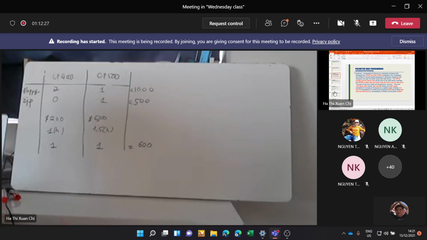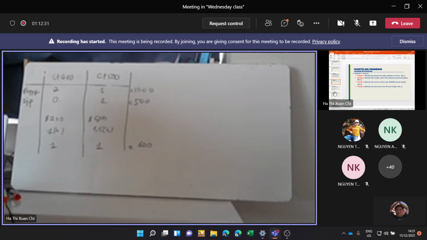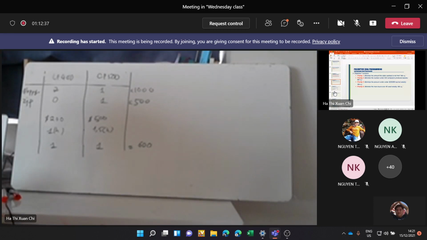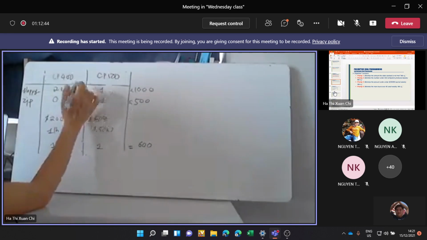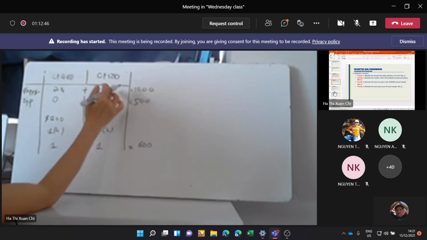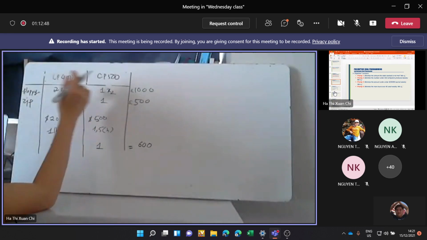Cases. So minimize amounts contract, not meet. Okay. So here we have 1x1, right? Plus what? x2.